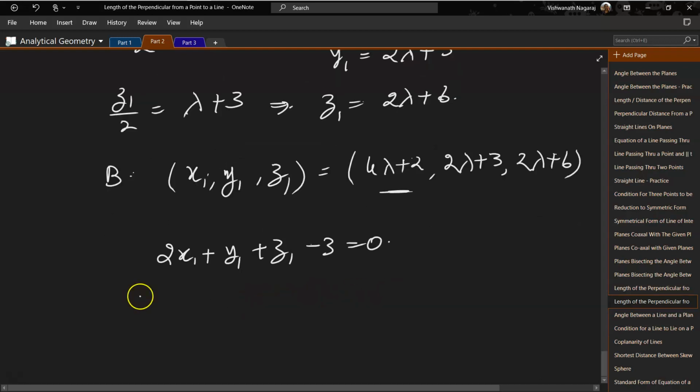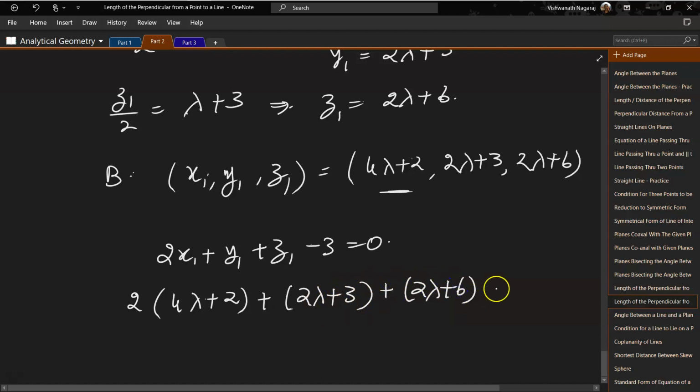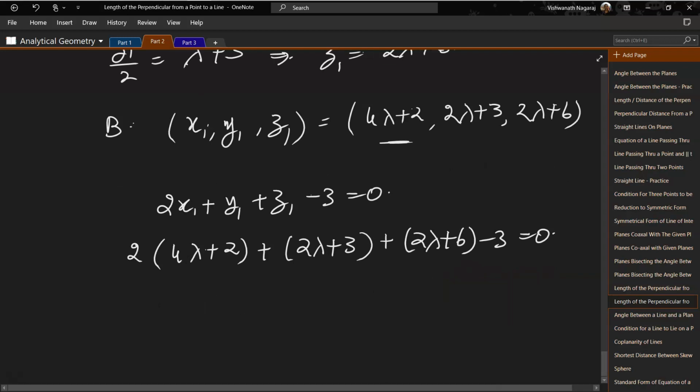So 2 times (4 lambda plus 2) plus 2 lambda plus 3 plus 2 lambda plus 6 minus 3 equal to 0. If we solve this, we will get the value of lambda. So 8 lambda plus 4 plus 2 lambda plus 3 plus 2 lambda plus 6 minus 3 equal to 0.